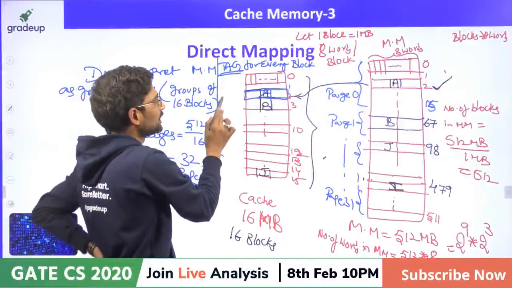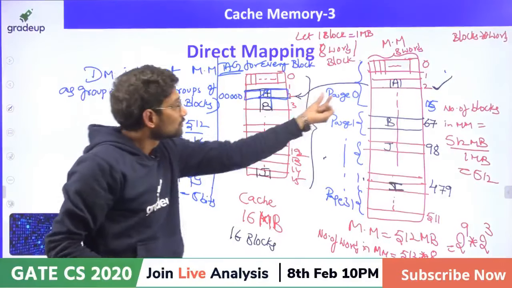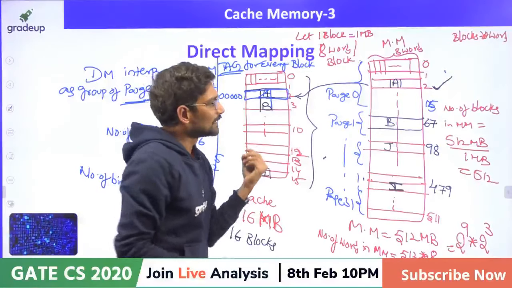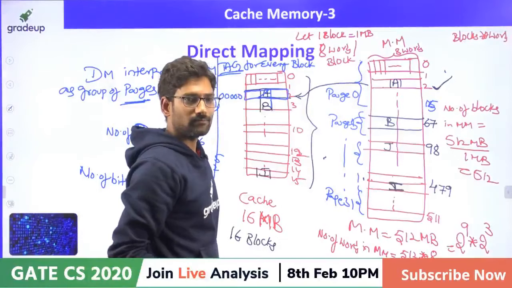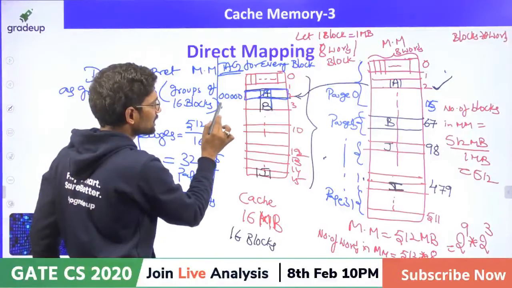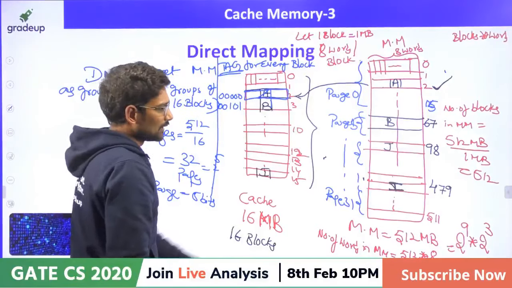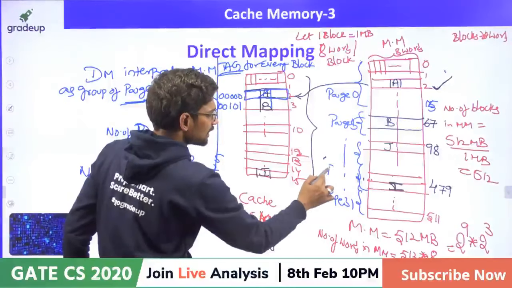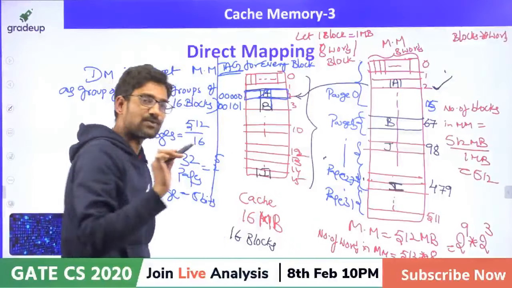Like A is copied here, no? So 0, 0, 0, 0, 0, page 0. And B is copied. Let's say its page number is 5. So for B, the tag would be 0, 0, 1, 0, 1. Let's say I is copied from page 27.